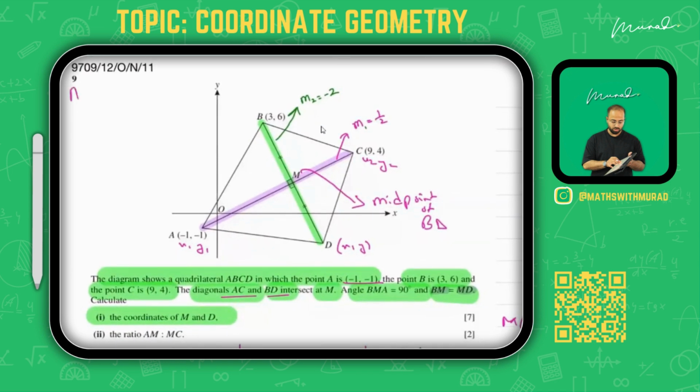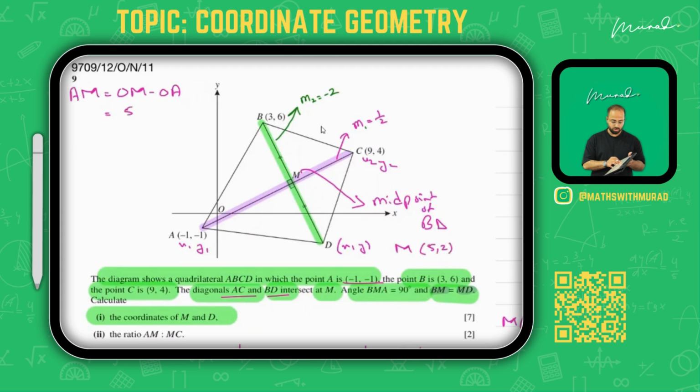So let's say I'm going to figure out the value of AM. The formula for AM is going to be OM minus OA. This was a formula which we have already studied in your O levels, right? This is the formula from vectors. So OM means the coordinates of M, which I already know: 5 comma 2.